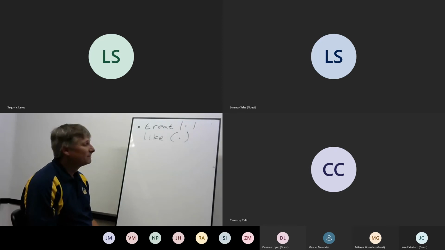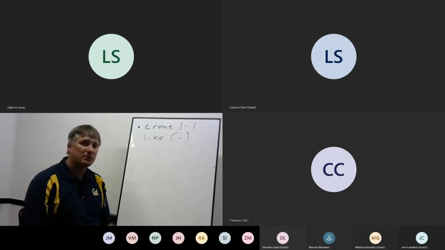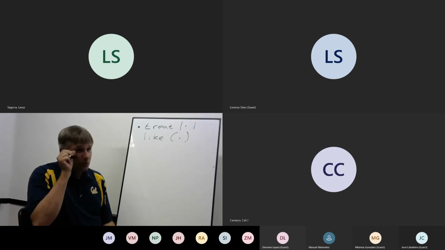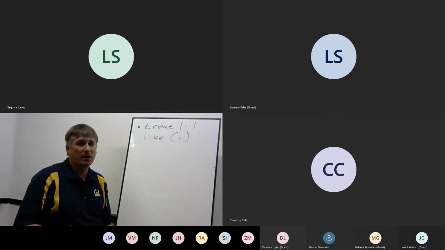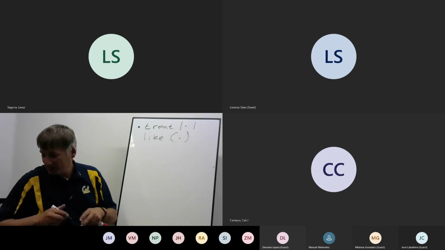So what does this mean? If we have calculations inside absolute values, we do those first according to PEMDAS, just like we would with parentheses. So let me give you an example.